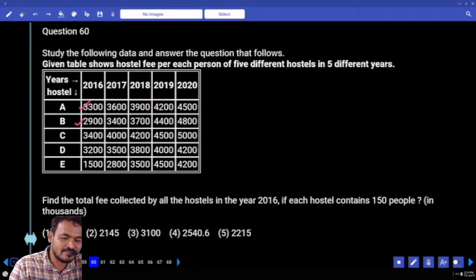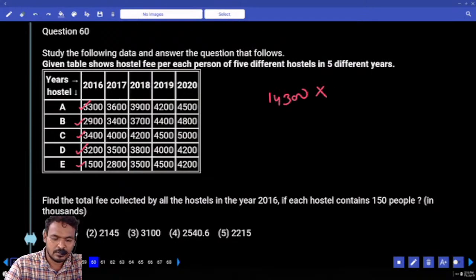33 plus 29, 62, plus 34, 96, plus 32, 128, plus 15, 143. 100 into how much? 15. And 15 times means it is 10 times plus half times.